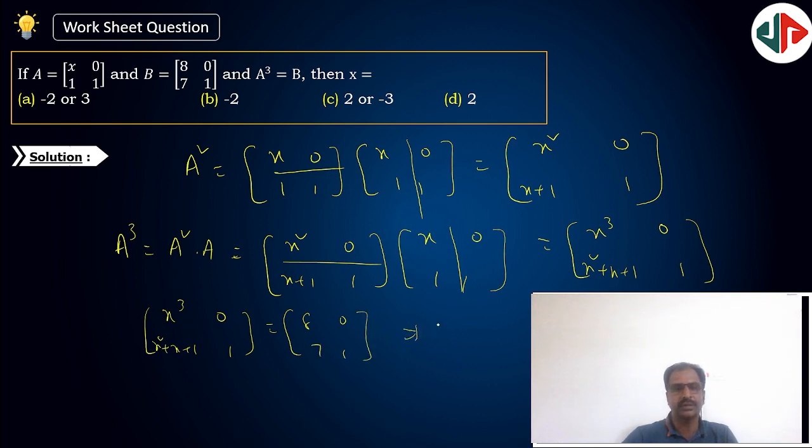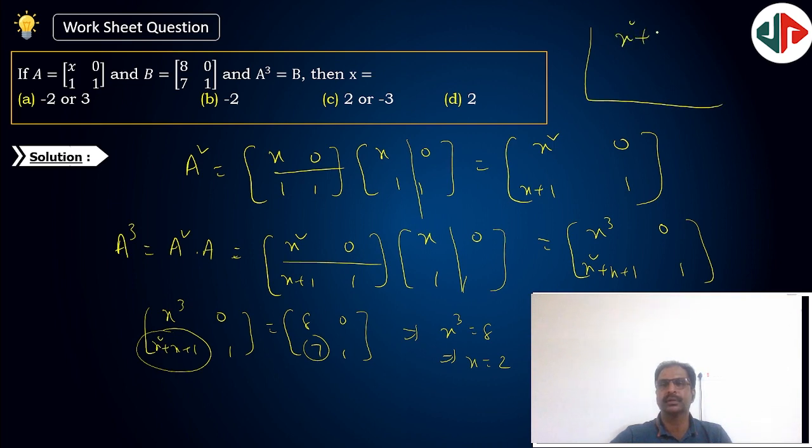By equating this, you get x cube as 8, which means x is equal to 2, and x square plus x is equal to 6. Even if you equate this 7, what do you get?